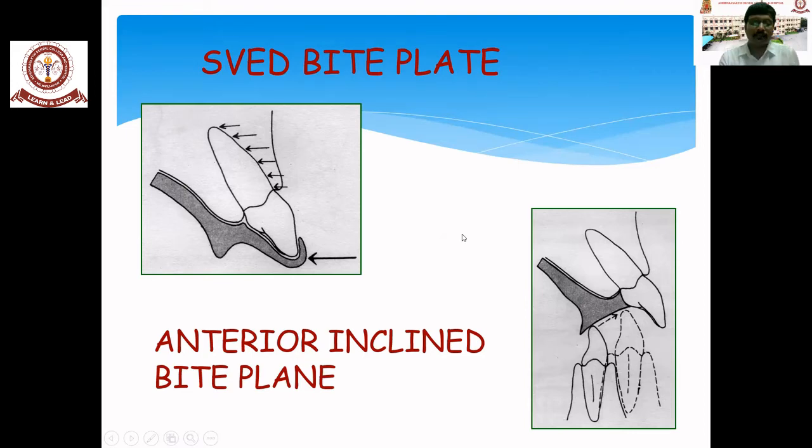In cases wherein you actually want proclination, you can just give an anterior inclined bite plane. Again, you can see with this anterior inclined bite plane, the mandible is being guided forward. At the same time, the inclination of the plane is going to prevent the mandible from gliding back.